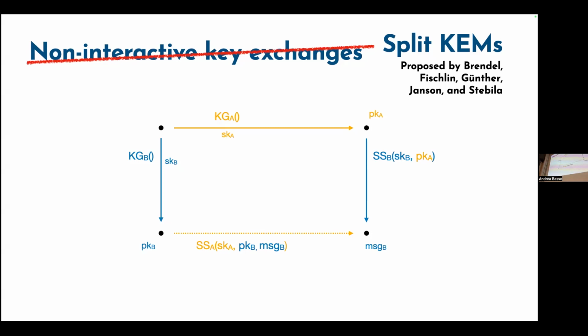The first party took into consideration public key A, so if they obtain the same shared secret, then they know the other party must know the secret associated with the public key, and the same goes down here. So this gives us exactly the same kind of authentication properties that you get from a non-interactive key exchange, while introducing an additional round of communication that you don't get from a regular PKE.